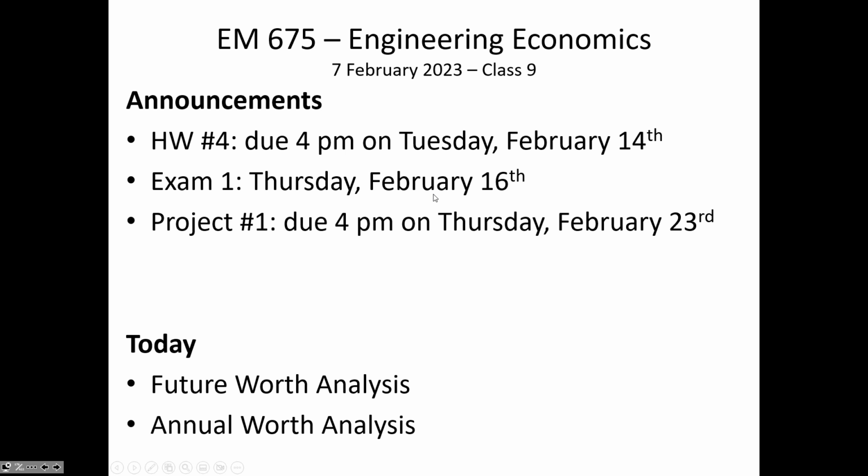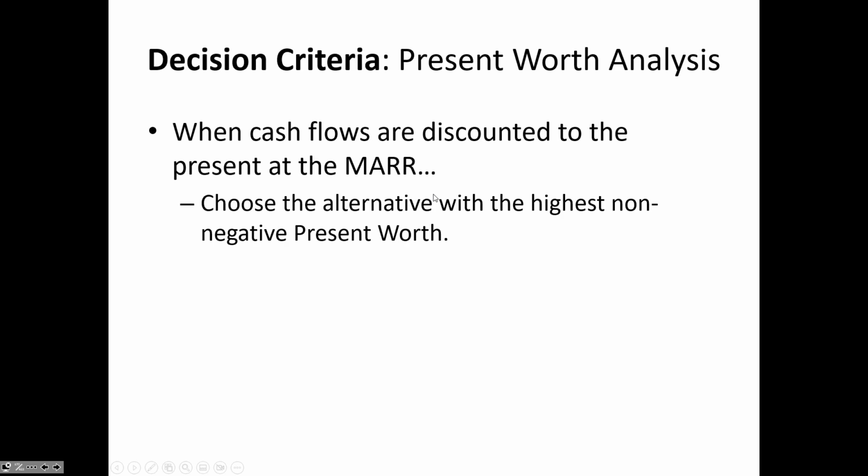And so we're going to do a similar thing today with both future worth and annual worth. You already know how to calculate the future worth of some value, and you know how to calculate the annual worth, but we're going to extend that into decision making and talk about how things like least common multiples, contract services, and all of that apply in these new scenarios.